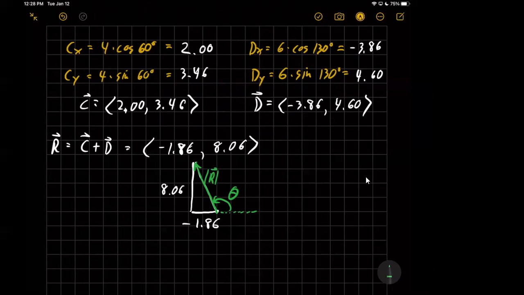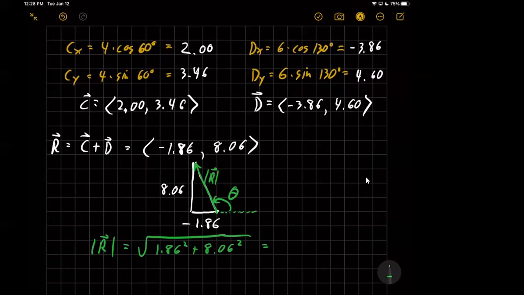Well, to get the size of the resultant, this is just the Pythagorean theorem. So the size of the resultant answer, or magnitude, is the square root of 1.86 squared. We talked about dropping the negative sign so that it wouldn't accidentally give us a negative value when we square it.